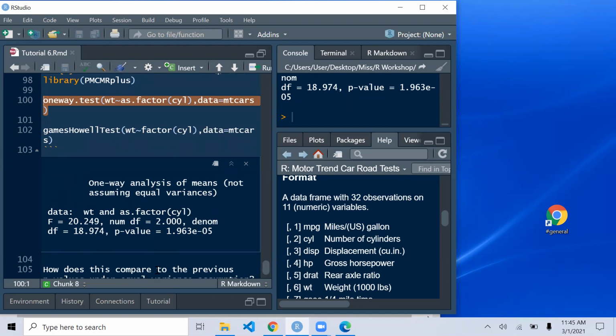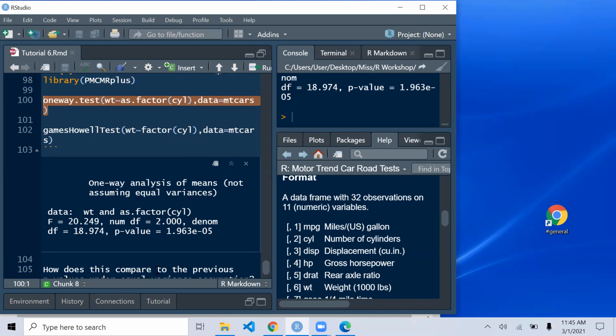Before it was 1.07 to the -6, and now it's 1.963 to the -5. So you can see your test is slightly less significant because you're adjusting for the fact that you have different variances, and it adjusts the degrees of freedom and everything according to this. But it's still significant, right?